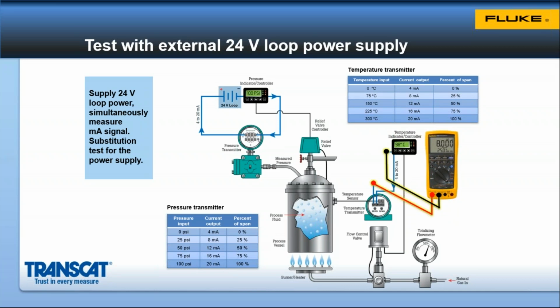To perform that test, use the loop power from the device, connect it in its place, and if the noise or intermittence that was being seen in the operation of the loop before goes away, you have some cause to believe that that power supply is either being overloaded or it's potentially defective, and some troubleshooting or other method needs to occur to remediate the contribution of error that power supply is providing into that loop.